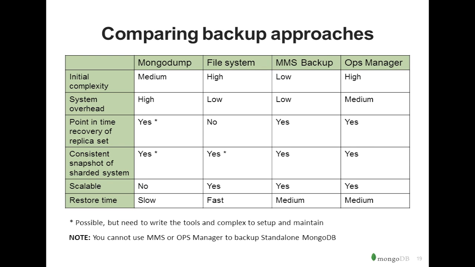It becomes difficult as the deployments, or the number of deployments, grow. MMS is, of course, there and ready to use. Now, the file system and Ops Manager approaches will involve some upfront effort to get started. I would say ops teams who have experience with other systems would not really call the process difficult, but if you're not doing it already, there is, of course, a learning curve to understand what you're doing and why.